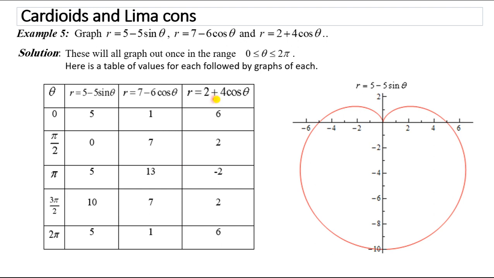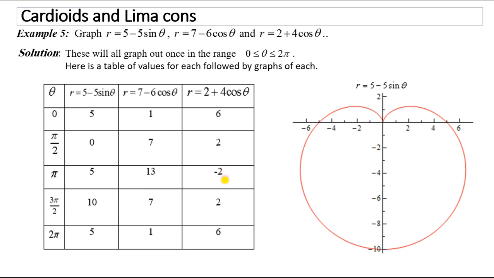If I want to sketch this graph, r equals 2 plus 4 cosine theta. Cosine 0 is 1, the result is 6. Cosine pi over 2 is 0, the result is 2.